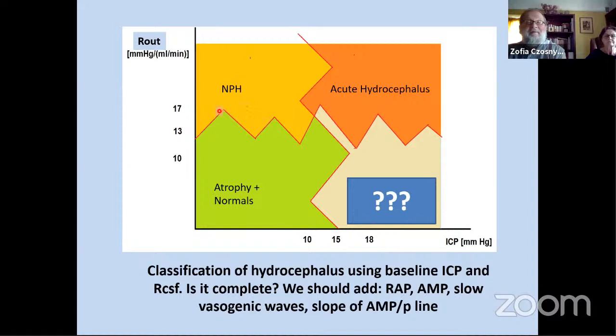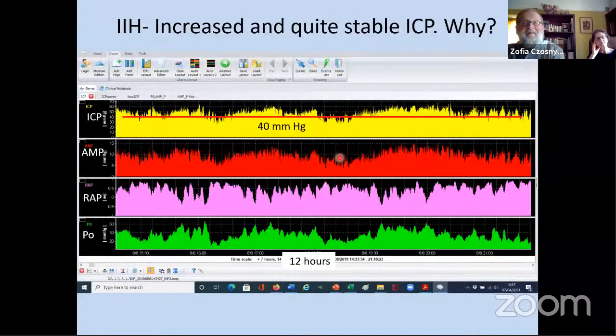Low ICP but increased resistance to CSF outflow is normal pressure hydrocephalus. Acute hydrocephalus is high ICP and high resistance to CSF outflow. And we wonder what will be here. You probably guess that it will be idiopathic intracranial hypertension. But both of my colleagues will discuss this in more detail.